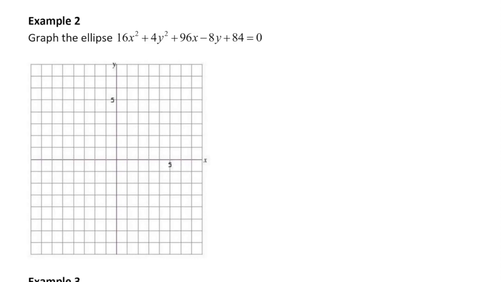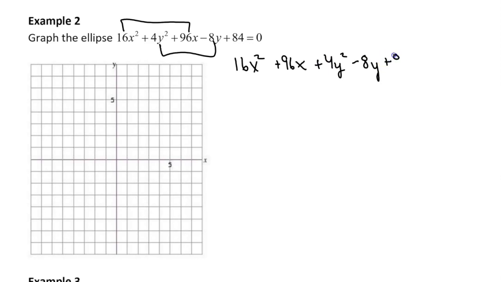I'm going to resort it so that our x's are next to each other and our y's are next to each other. So over here, let's say this. We could have 16x squared plus 96x plus 4y squared minus 8y plus 84 equals 0.